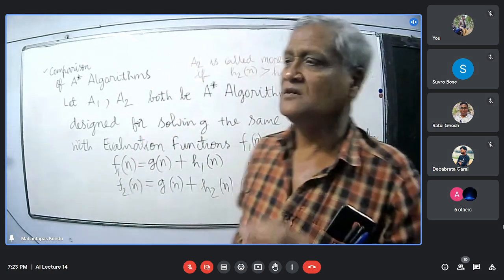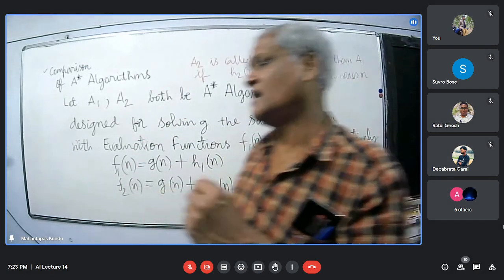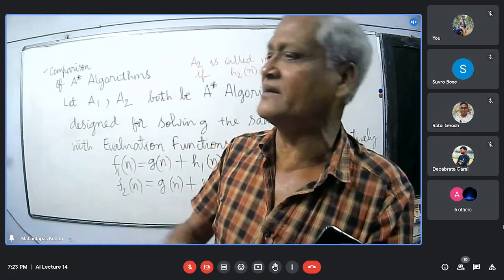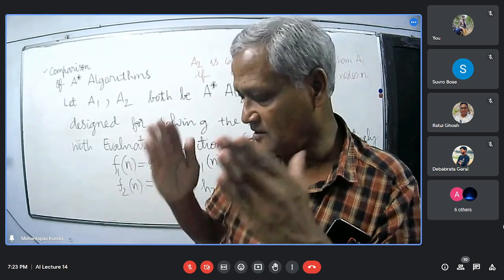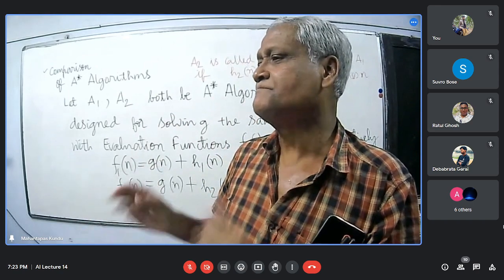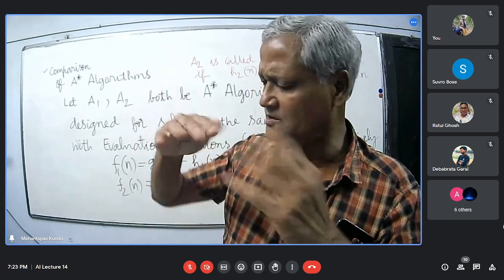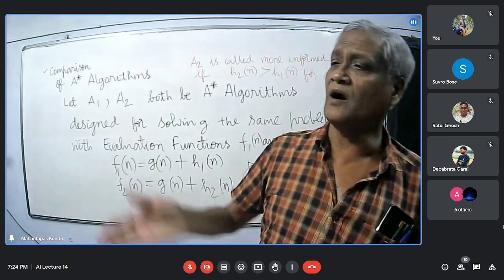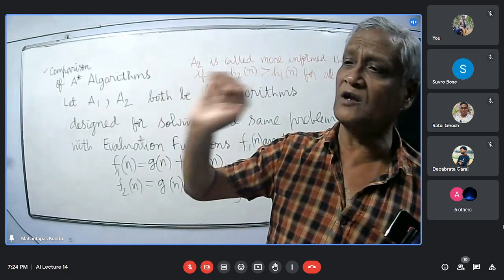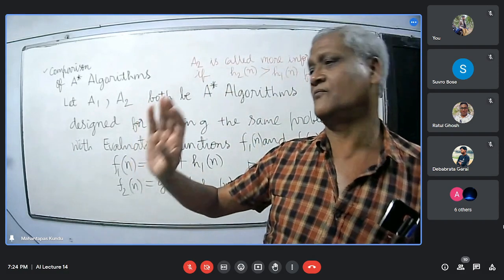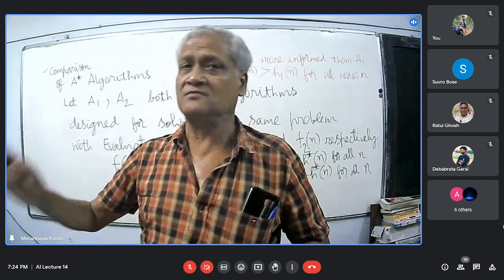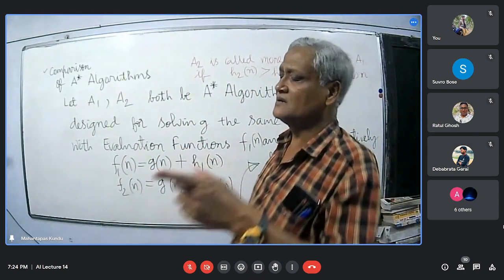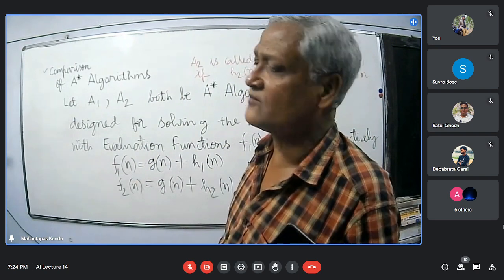That means it is so designed that it always provides a guarantee of underestimating the actual cost of an optimal path joining node n to a goal node. That is h(n) less than or equal to h*(n) for all nodes n.